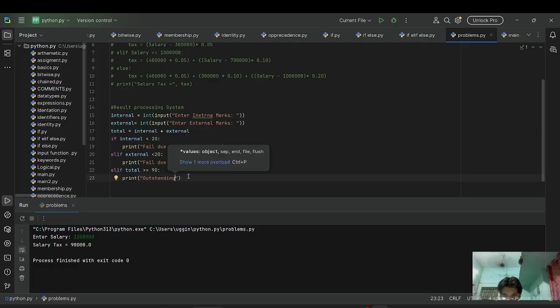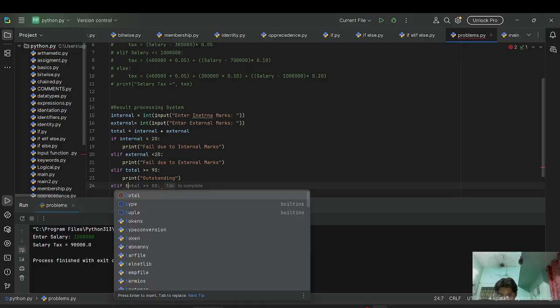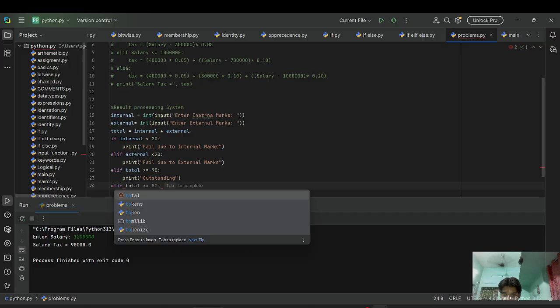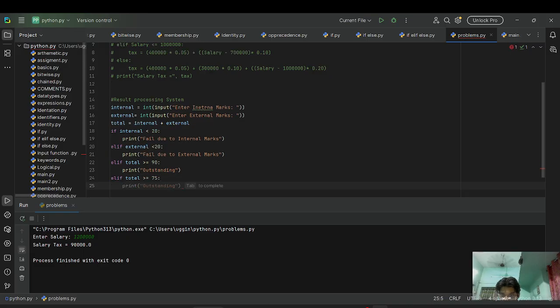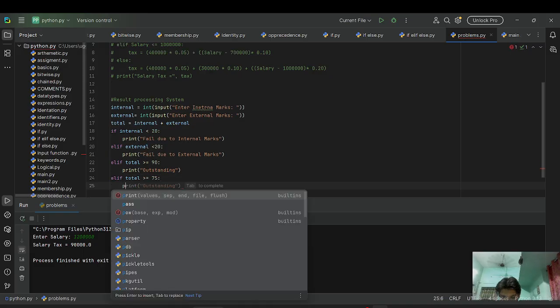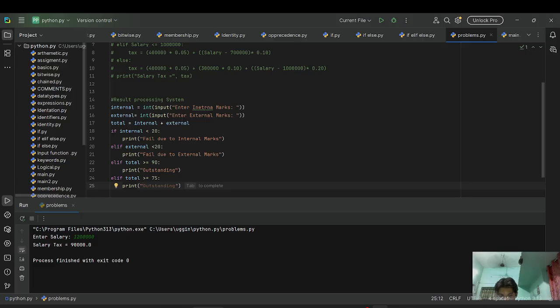Then if total greater than or equal to, let's take 75, then let's print here distinction.